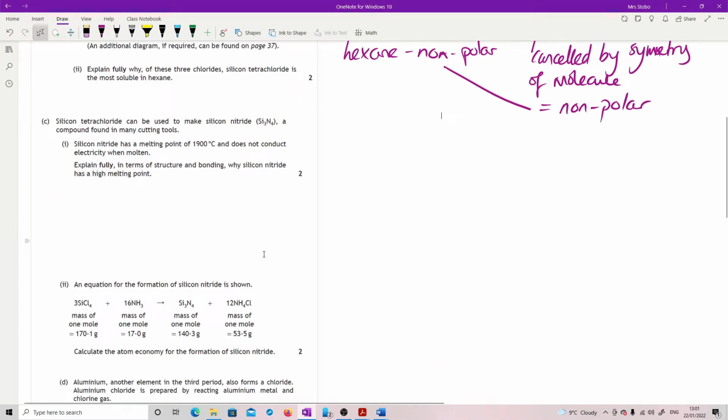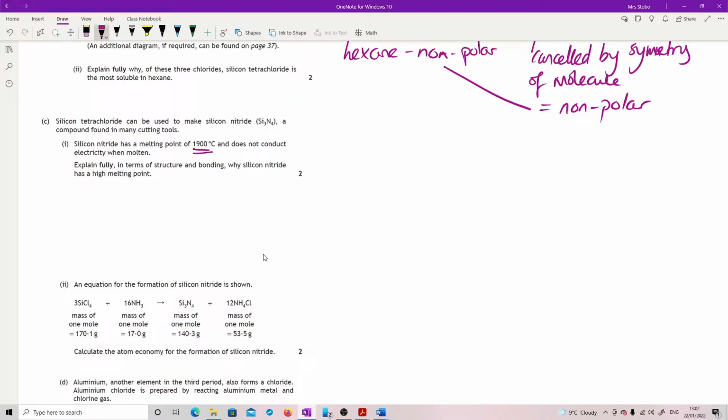C. Silicon tetrachloride can be used to make silicon nitride, a compound found in cutting tools. Silicon nitride has a melting point of 1900 degrees C and does not conduct electricity when molten. Explain fully in terms of structure and bonding why silicon nitride has a high melting point. Okay, basically, high melting points are either going to be covalent network or large lattices, so ionics, metallics.